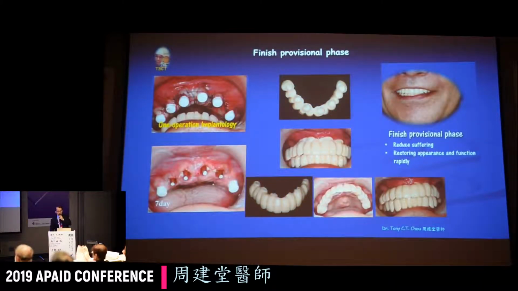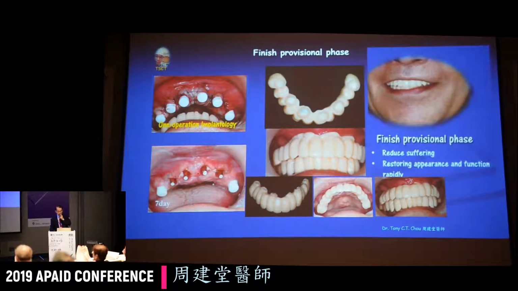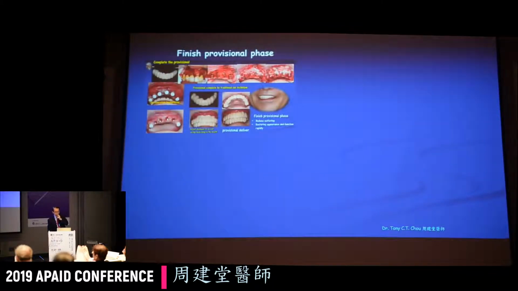In this case, after 7 days, we finish the final process: direct lining and trimming in the mouth. After 7 days, the patient has restored his appearance and chewing function.